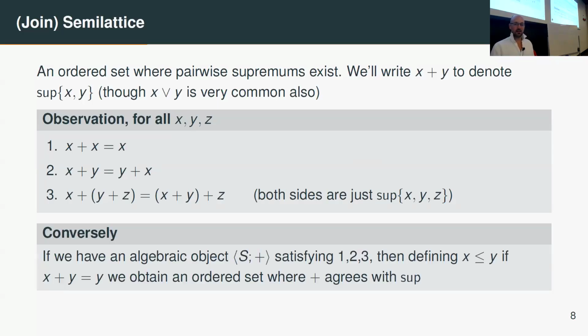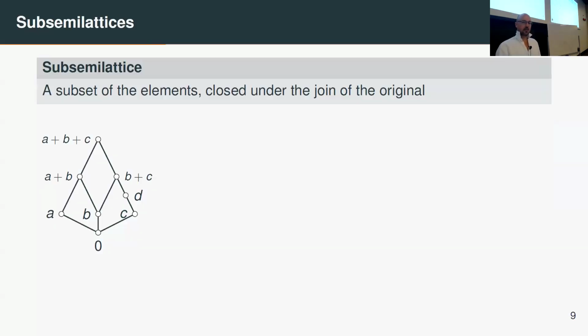And then you can recover order by defining x less than or equal to y if x plus y is equal to y. So I've skipped over this fairly quickly because I suspect it's probably very familiar to most people. But if it's not familiar to you, then I hope it was of some value. It suffices just to look at these pictures and understand that plus is the least upper bound in terms of going upwards.